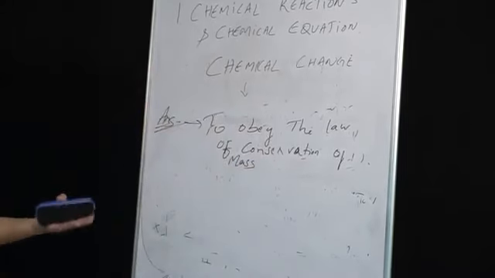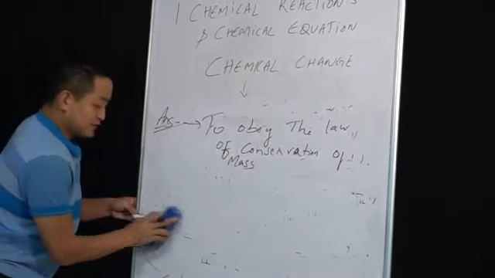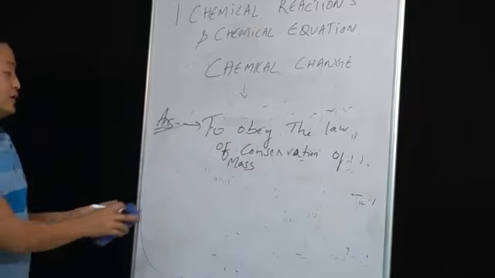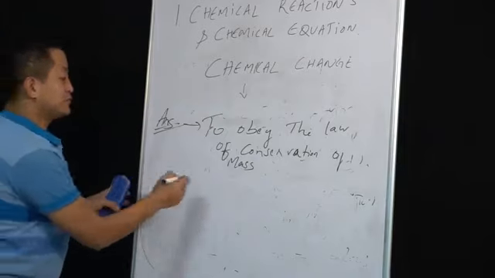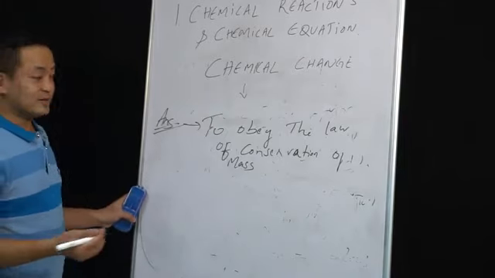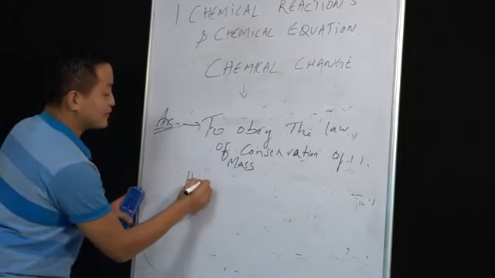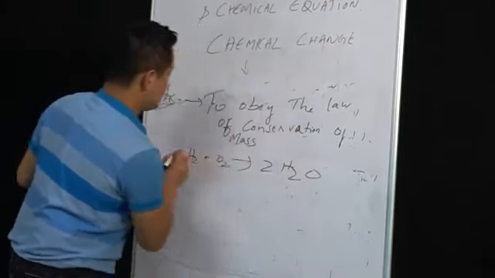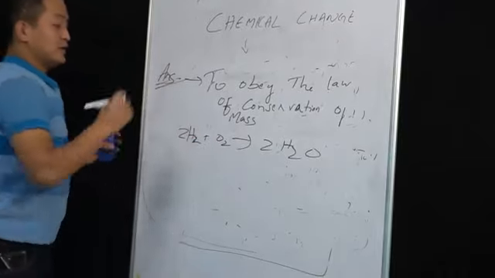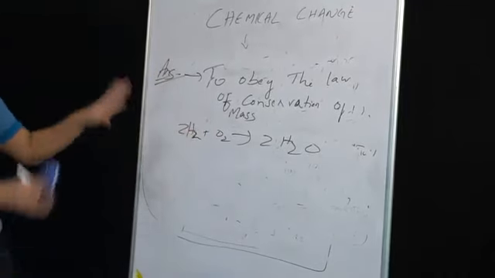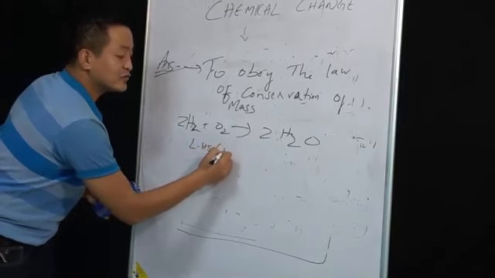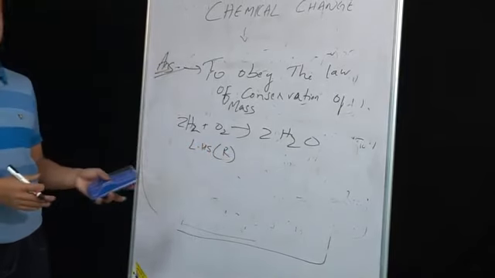To obey the law of conservation of mass, where reactants and products will be equal. I'll give the same example again. Whatever elements we had on the left-hand side, in the reactant, are not lost.